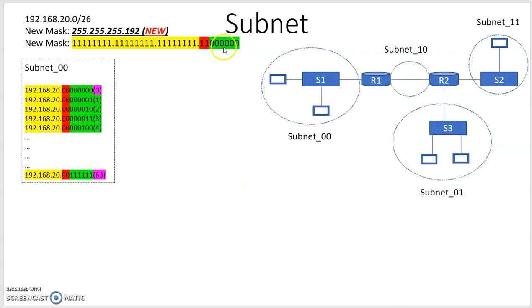So we have borrowed 2 bits from the 8-bit host portion, and then we have created 4 different subnets, and we have calculated the corresponding IP addresses for each subnet, and realized what the corresponding network addresses, or subnet addresses, or broadcast addresses of each subnet are.